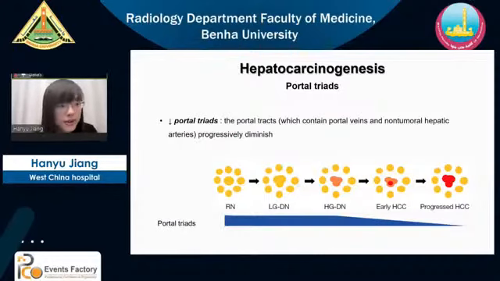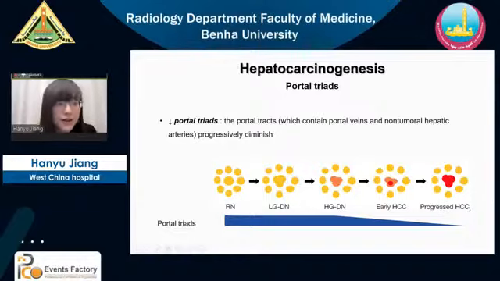In parallel, the portal tracts, which contain portal veins and non-tumoral hepatic arteries, progressively diminish during the multi-step hepatocarcinogenesis, which means the portal tracts are normal in number in RNs and LGDNs, are reduced gradually in number in HGDN and early HCCs, and virtually disappear in the progressed HCCs.